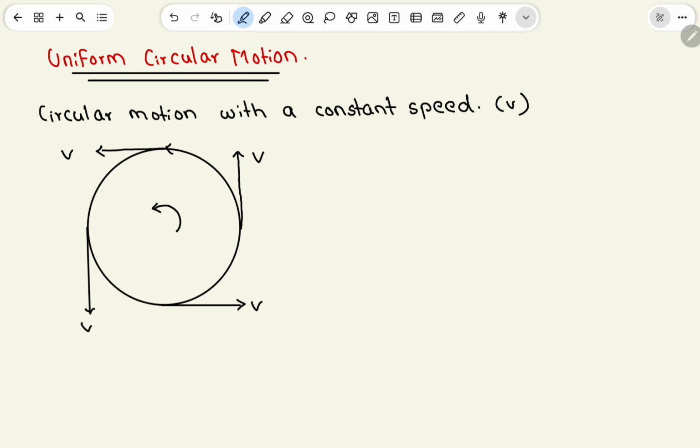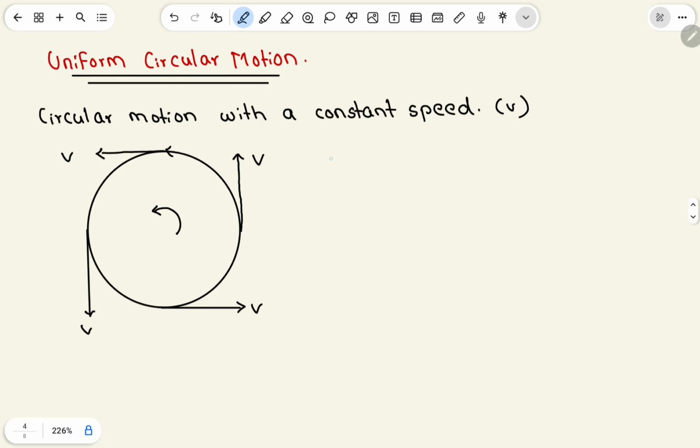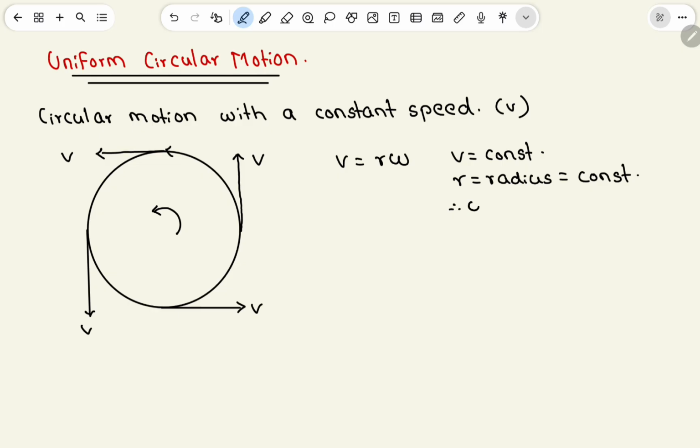Now in the last lecture we saw that the speed v is nothing but r omega. V is equal to r omega. This is the magnitude equation for the speed. V is constant, r, which is the radius of the circle, is also constant. Therefore omega is also constant.